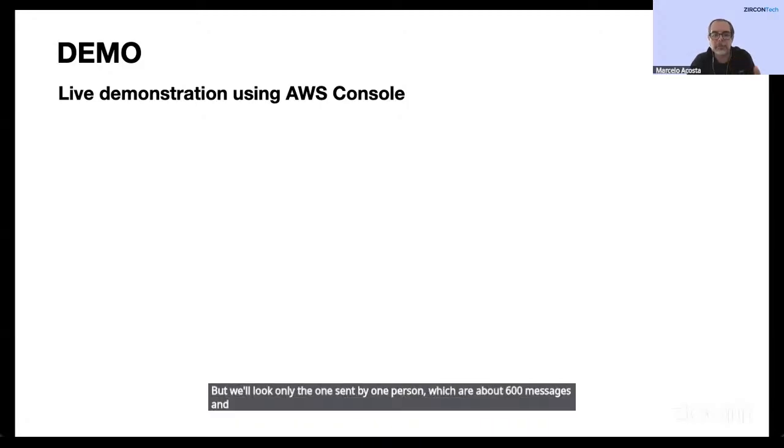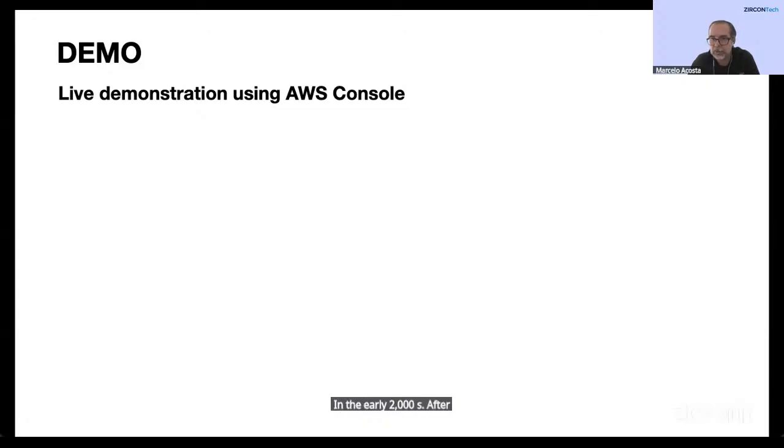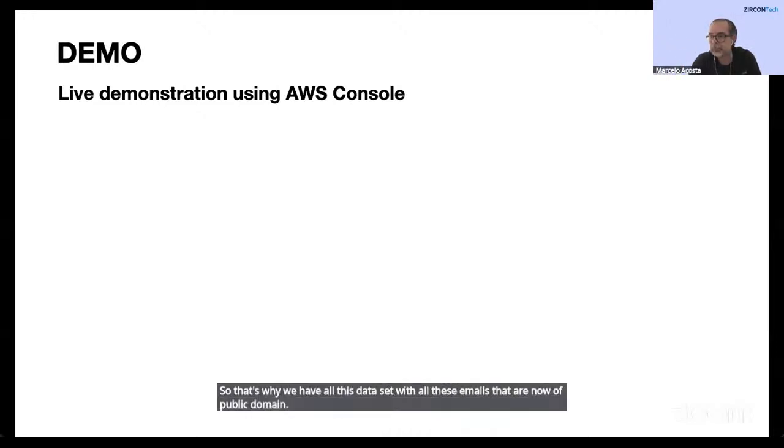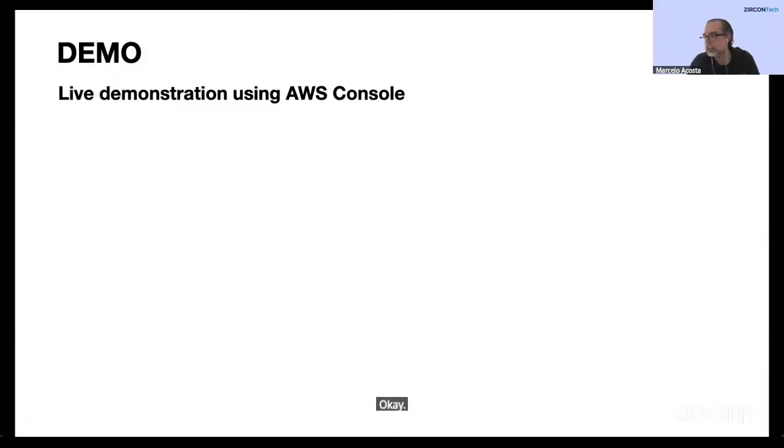Enron was a very big energy company in the United States that went bankrupt in the early 2000s after a fraud scandal. So that's why we have all this data set with all these emails that are now of public domain. Okay, I will switch to the console.